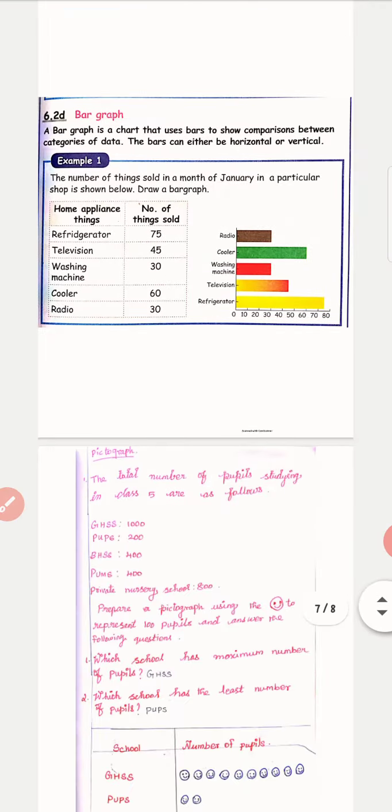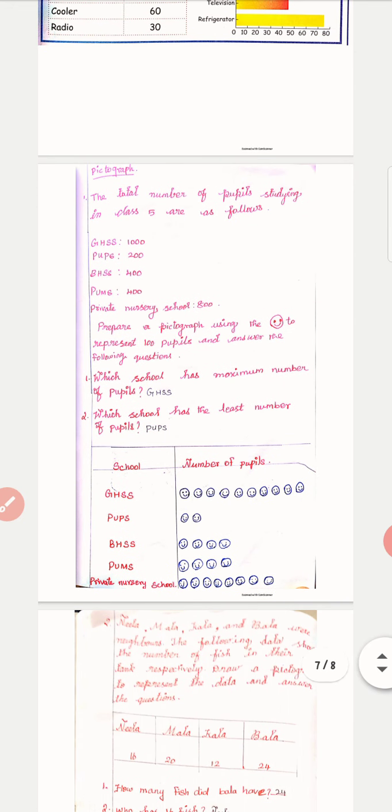Next, let's see an exercise sum on pictographs. The total number of pupils studying in class 5 are as follows: GHSS 1000, PUPS 200, BHSS 400, PUMS 400, private nursery school 800.